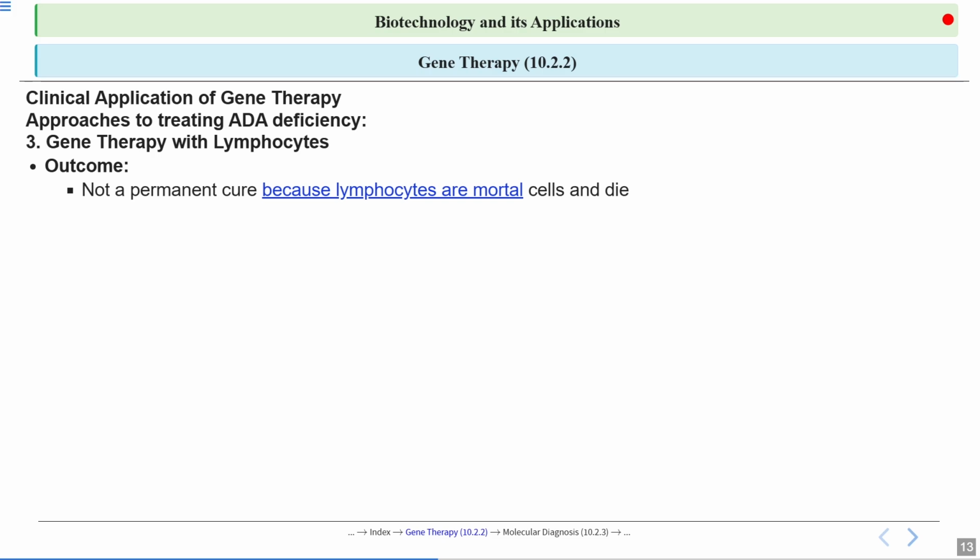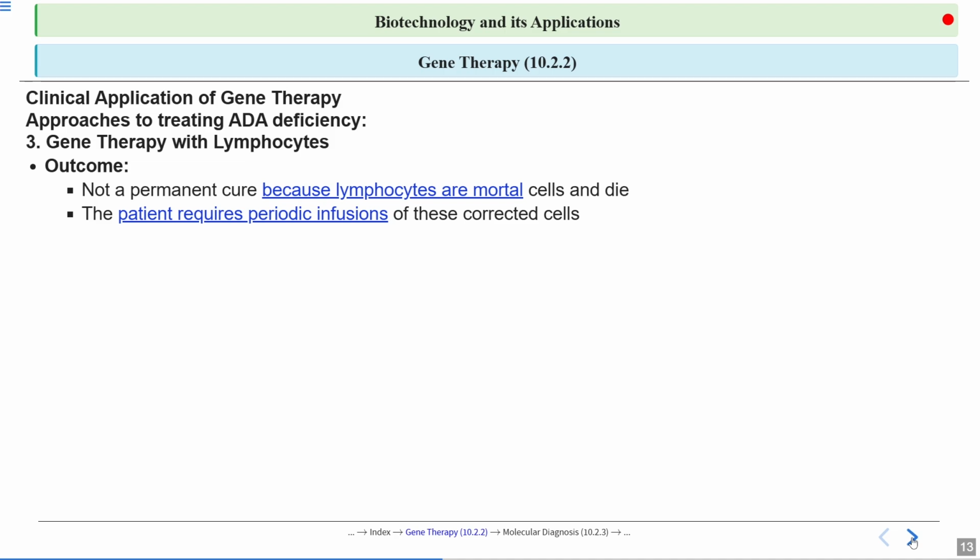Because lymphocytes are mortal cells, meaning they are going to die. The person produces the ADA enzyme only as long as those lymphocytes are living. Once the genetically modified lymphocytes die, there will again be no production of the ADA enzyme. That's why this approach is not a permanent cure.